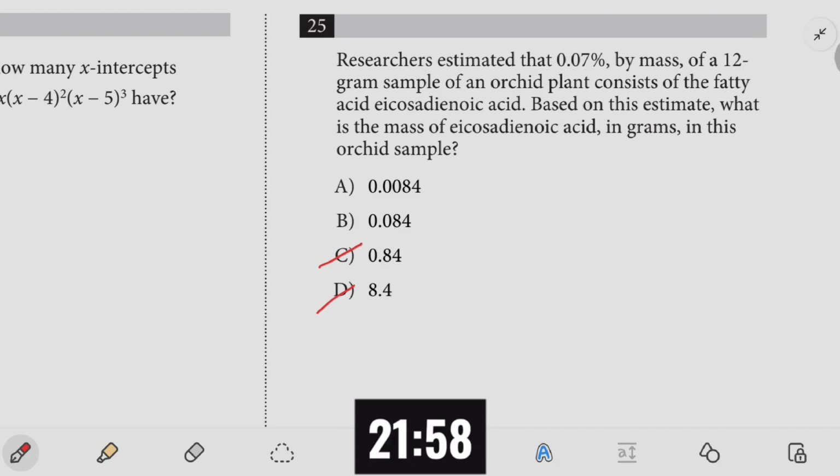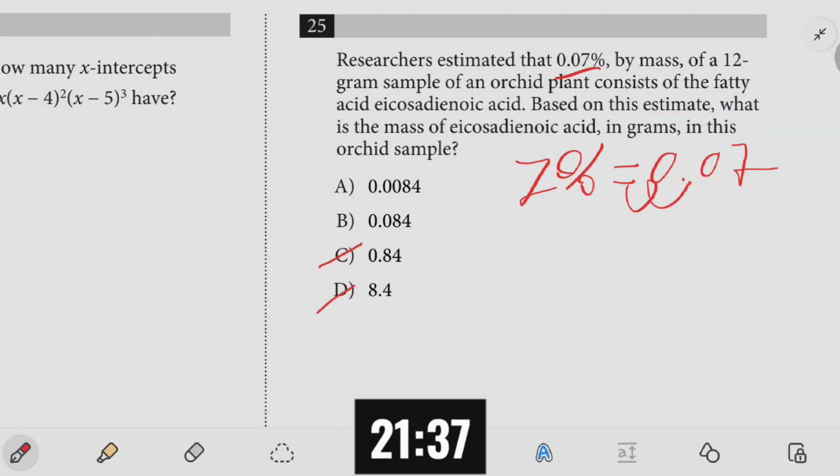Right? Hold on. 7% is 0.07. 0.7% is 0.0... wait. So 7% is equal to 0.07. So that is basically moving this to more. So 12. Our answer is 0.0084.